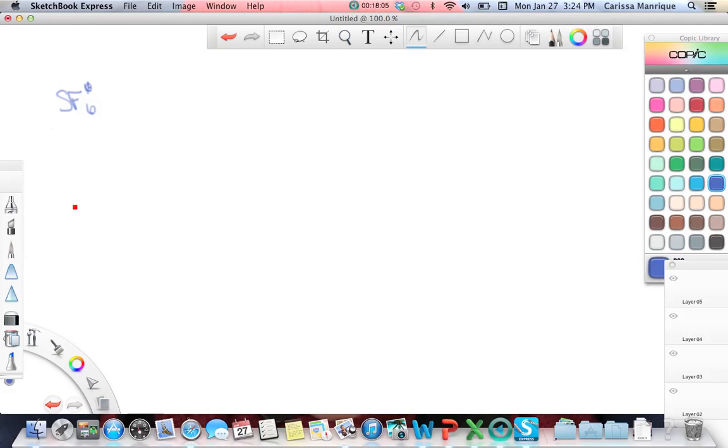So if we look at sulfur, this is going to be 3s2, 3p4. So 1, 2 for the s's, 1, 2, 3 for the p's, 1, 2, 3, 4. Right? So only 2 unpaired.